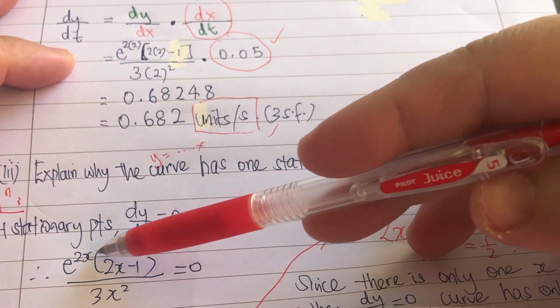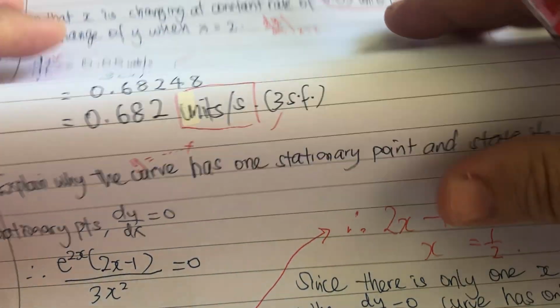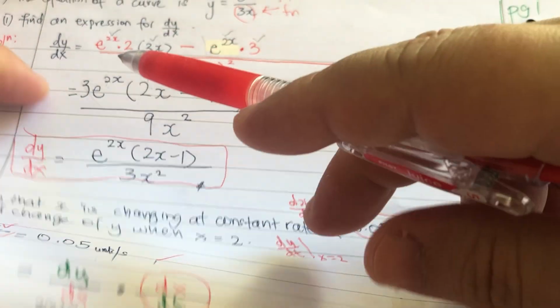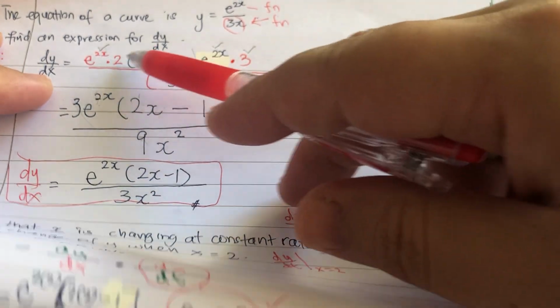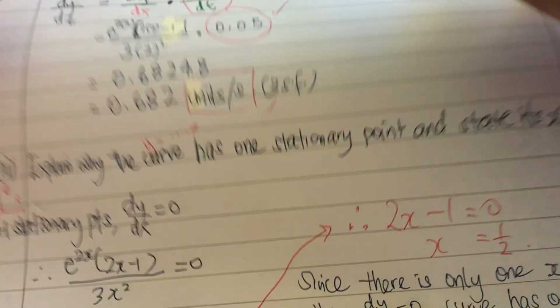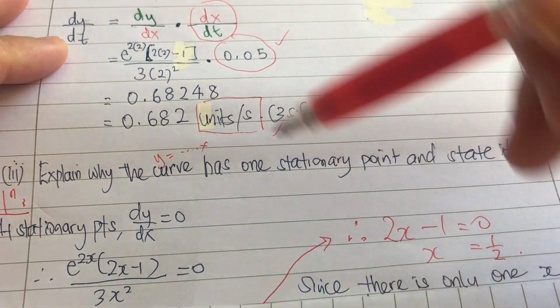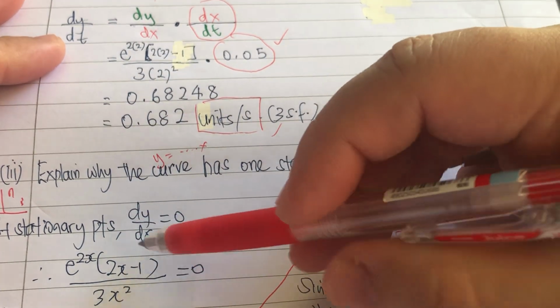That is why it's so important to be able to simplify expressions like I have done in part 1 here. If I simply left it as this times this over this, I still have to do some simplification, okay, because right now I need to solve this equation.